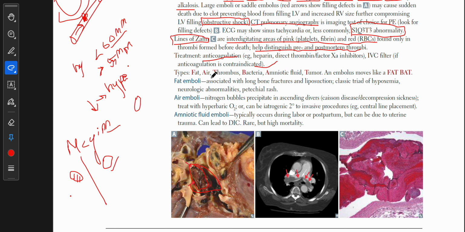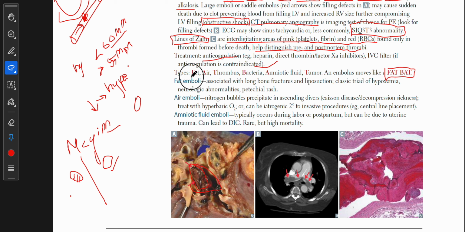And there are types of pulmonary embolism which are remembered like this: FAT BAT. F for fat embolism, A for air embolism, T for thrombus embolism, B for bacteria, vegetations, and then amniotic fluid, T for tumor. If a tumor is being metastasized, that is tumor embolism.